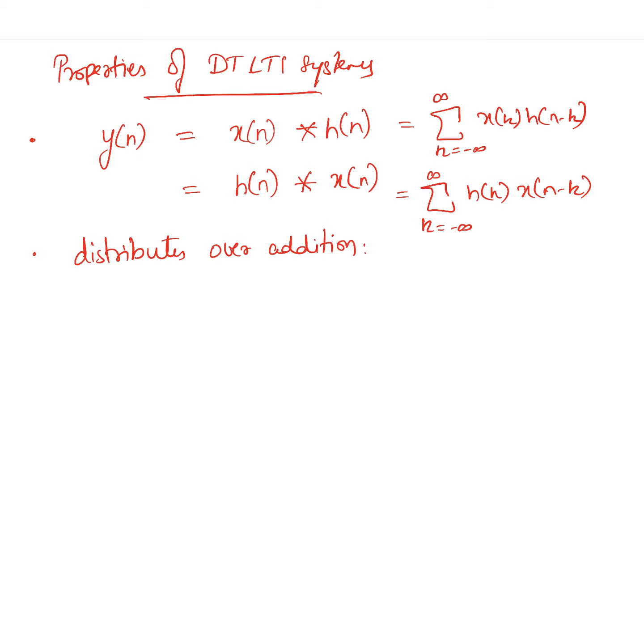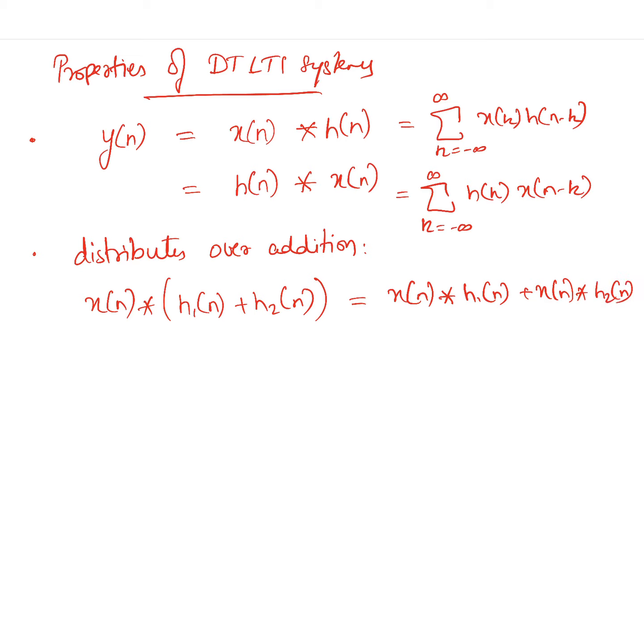Meaning to say that if we have an impulse response of the system defined by the summation of two individual systems, which we can write as h1 of n plus h2 of n, and I convolve this system with the input sequence x of n, then I can write x of n convolved with h1 of n plus x of n convolved with h2 of n.